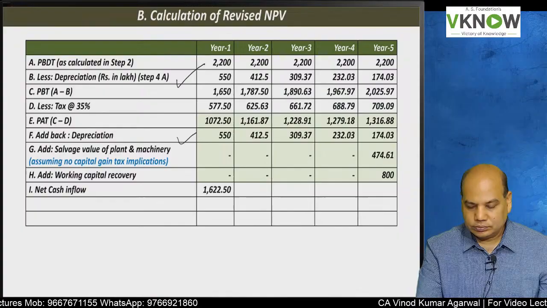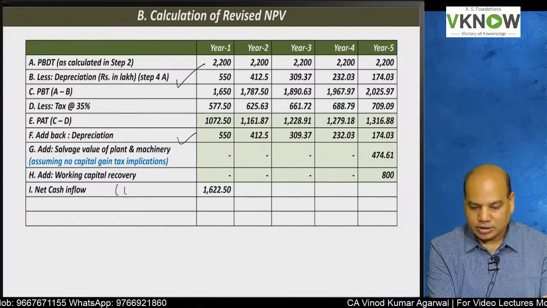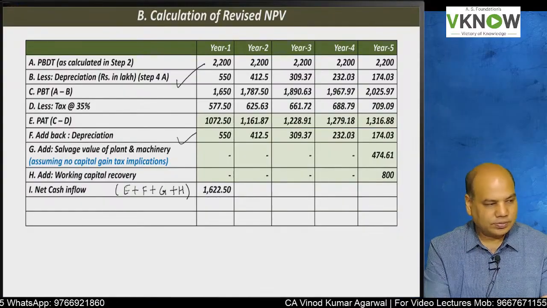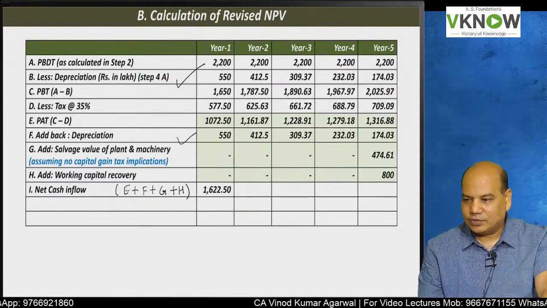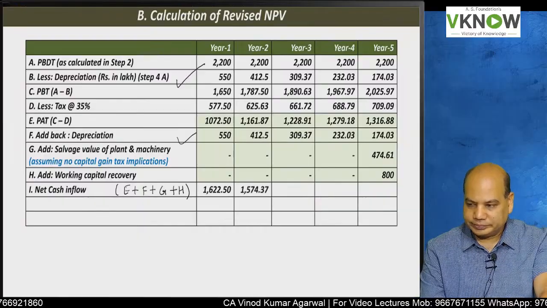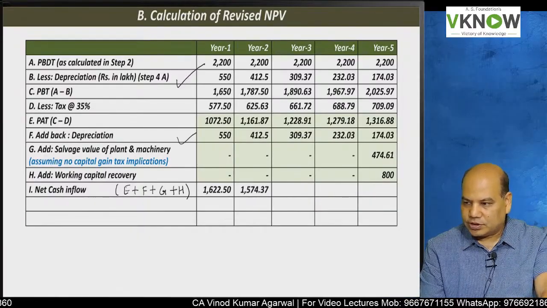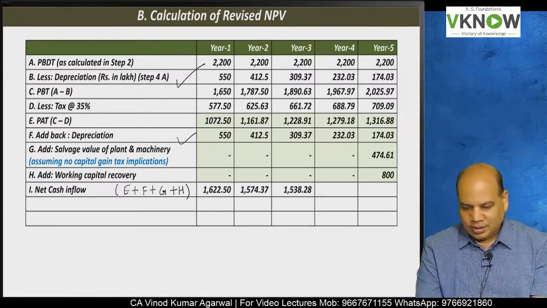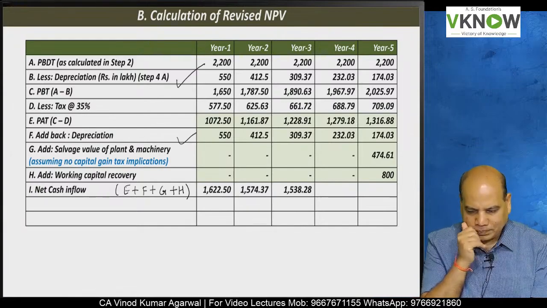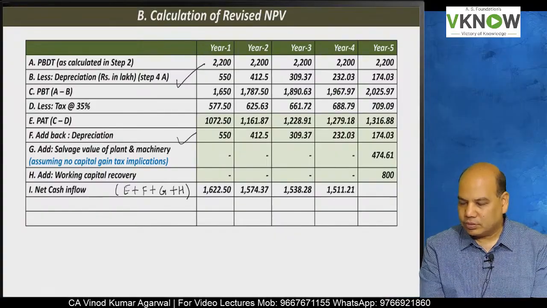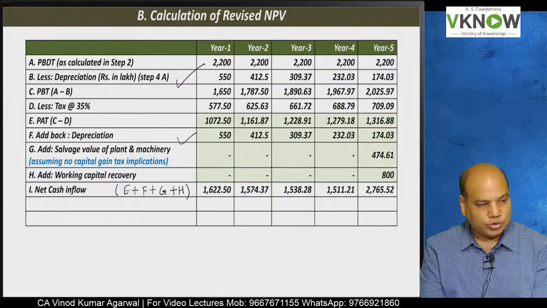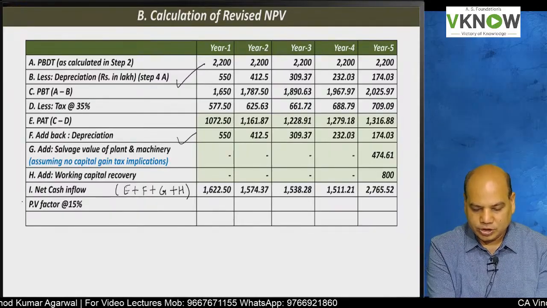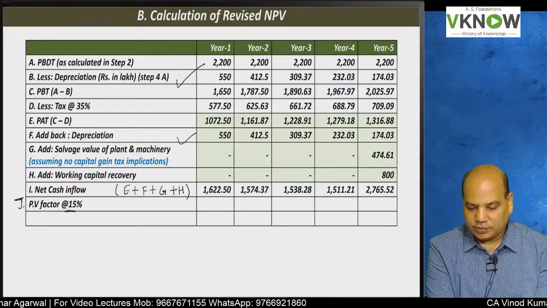Net cash inflow, write in bracket E plus F plus G plus H. Net cash inflow: 1622.50, 1574.37, 1538.28, 1511.21 and 2765.52.